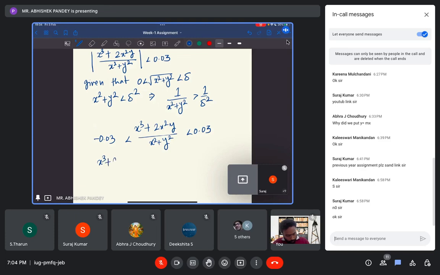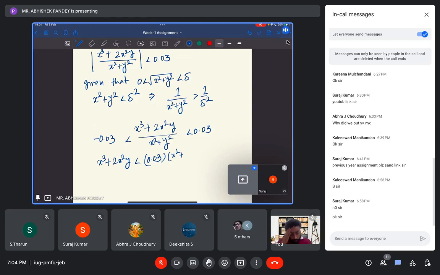Cube plus 2x square y is less than 0.03 into x square plus y square. And this we will get as less than delta square into 0.03.